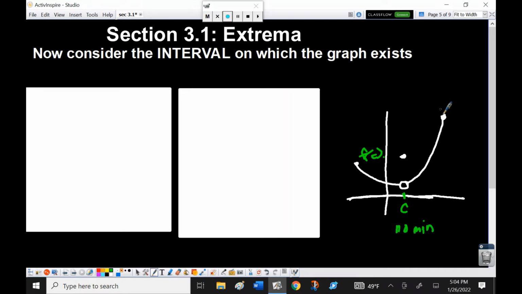But this value up here is a maximum value because on this interval for which the function is defined, this is the highest y value. And again, it still goes with the intuition of what is the biggest and what is the smallest, but we have to consider sometimes those points don't exist. Okay?